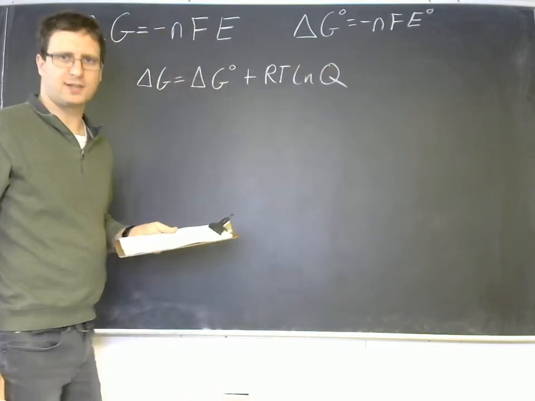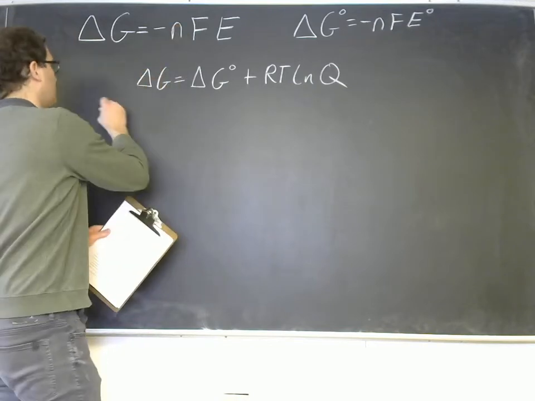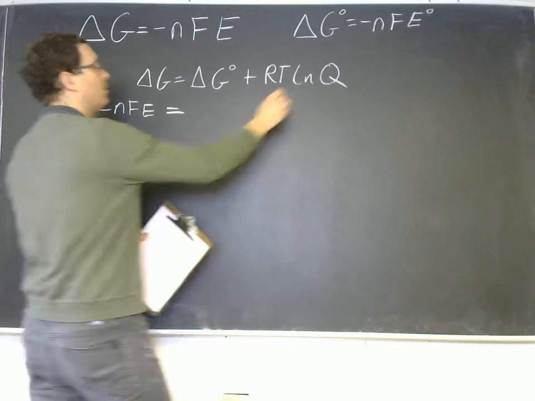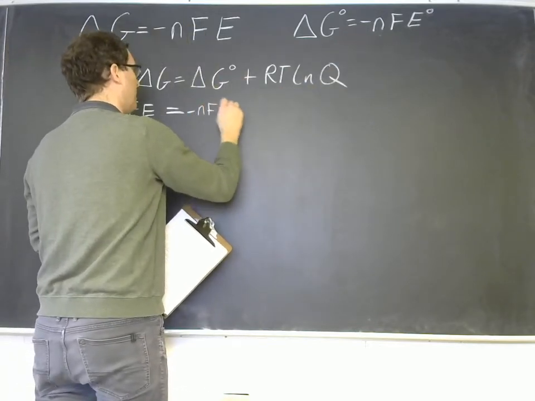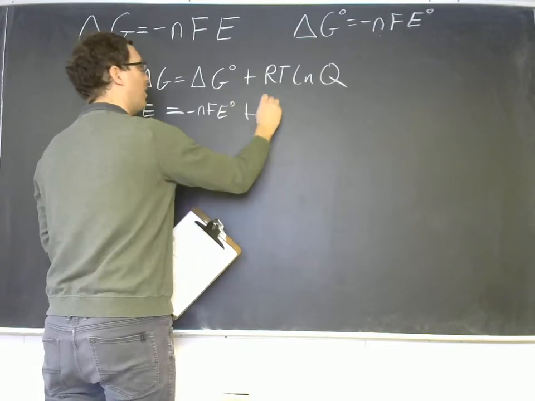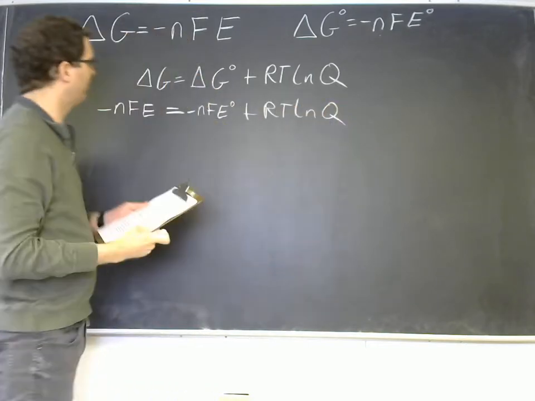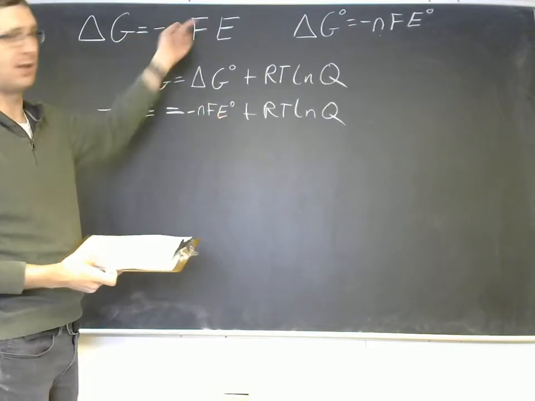Well, let's just plug this in here. So negative nFE is equal to negative nFE naught plus RT ln Q. So we've replaced the Gibbs energy under non-standard and standard conditions with the appropriate relationship involving cell potentials.